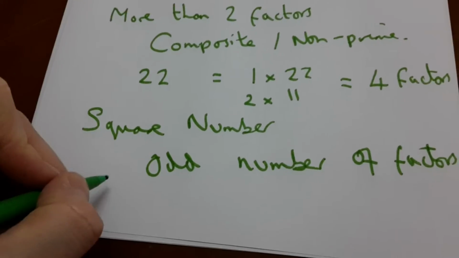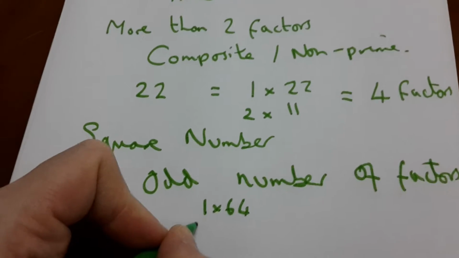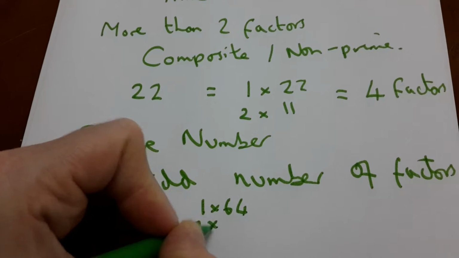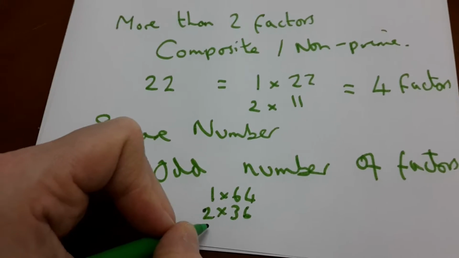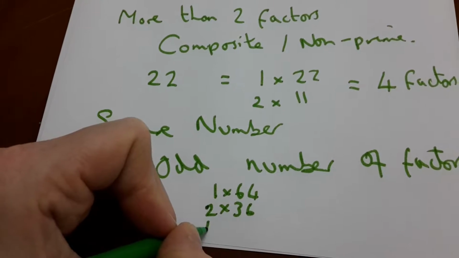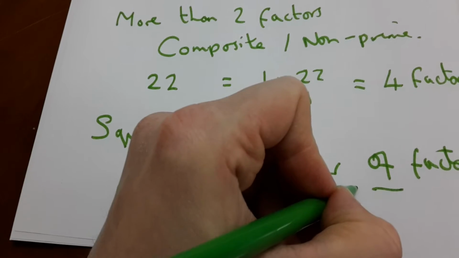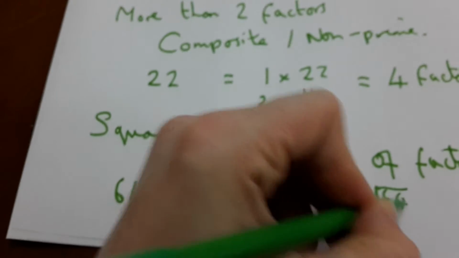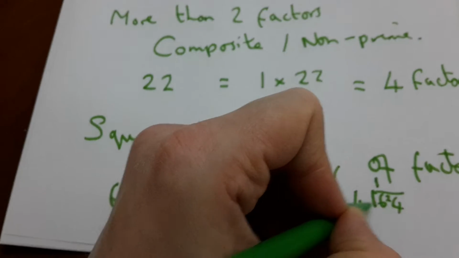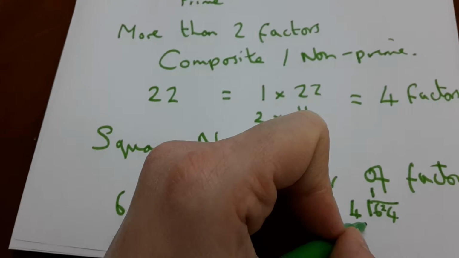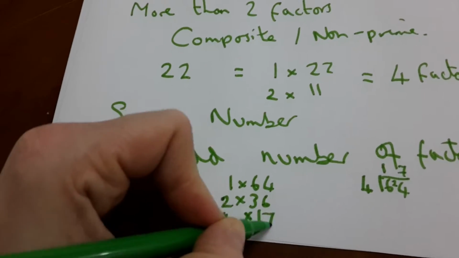So for example, if I had 64, 64 is 1 times 64, 2 times 32, 3 times, won't go into it, 4 times will, so 4 times 16, let's work it out. So 24, so 1 and carry the 2, and we're looking for 17, so 4 times 17.